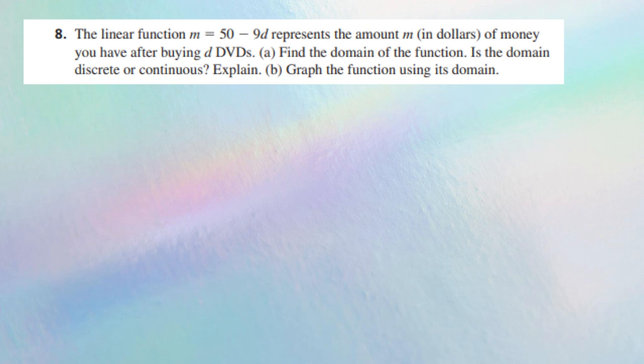Why do you say it's discrete? You cannot break the DVD into half, right? Can you grab that DVD and be like, I'm just going to watch half of the movie, so I'm going to break it in half?